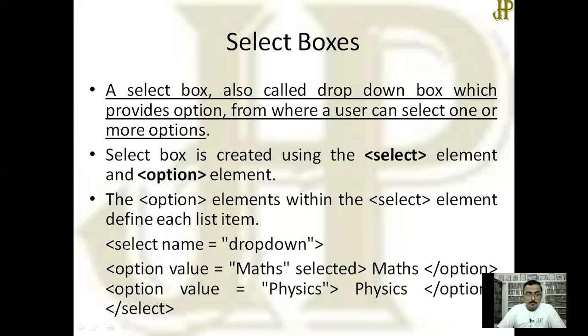You have to supply select, and between the select tag, you have to supply an option tag for each value. Here I have put maths and physics. Clear? Okay. So how? Let us see.